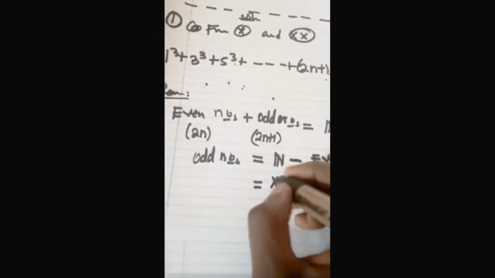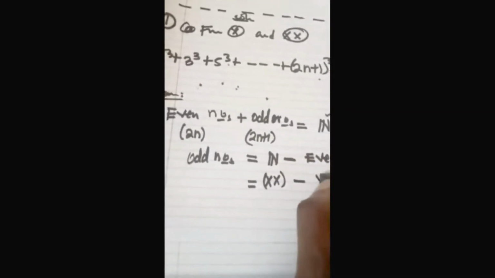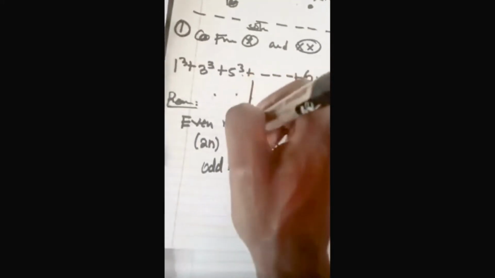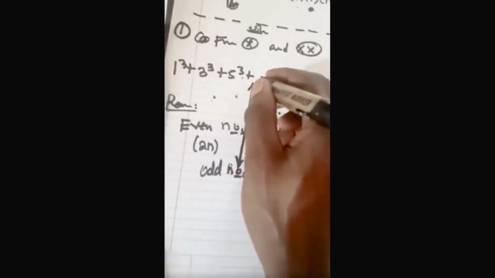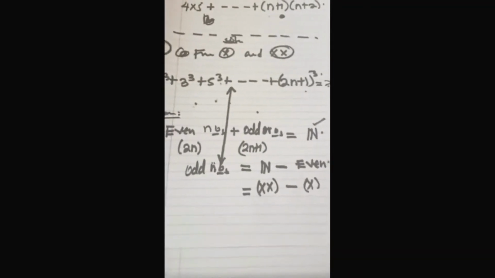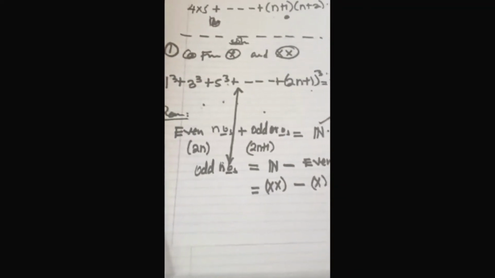This is the same as saying equation double star. This is the same as saying equation star. This is the same as saying this equation here. Please look at that expression clearly. If you have a question, ask; if you don't, then we move on.